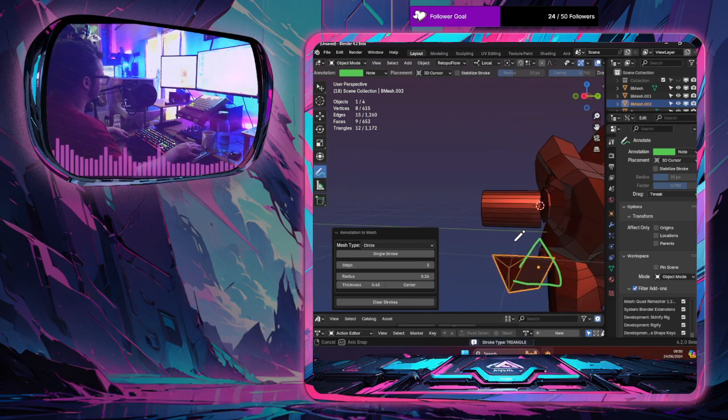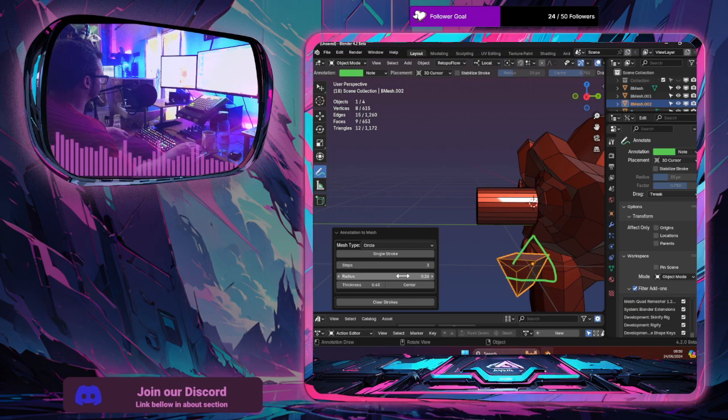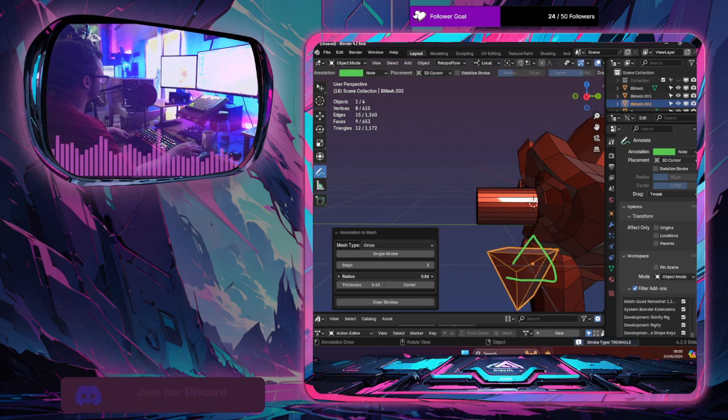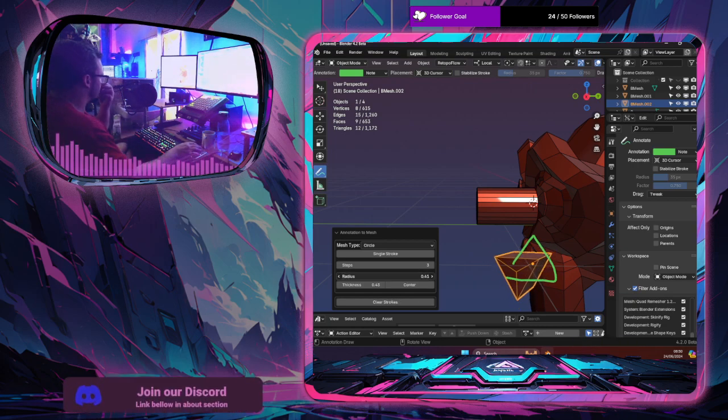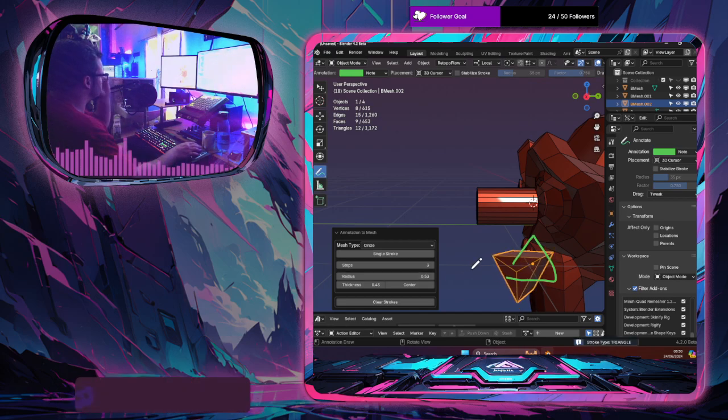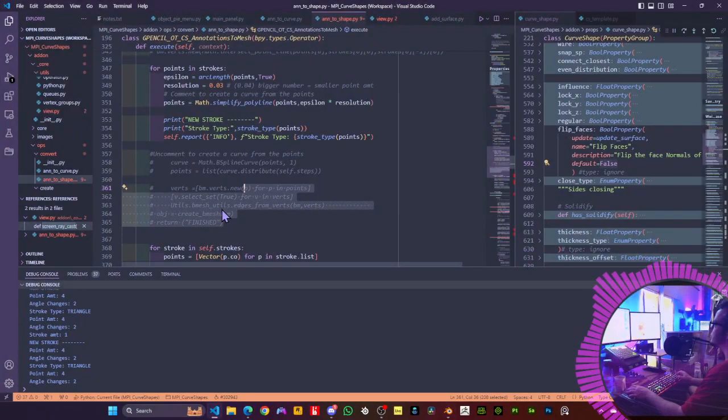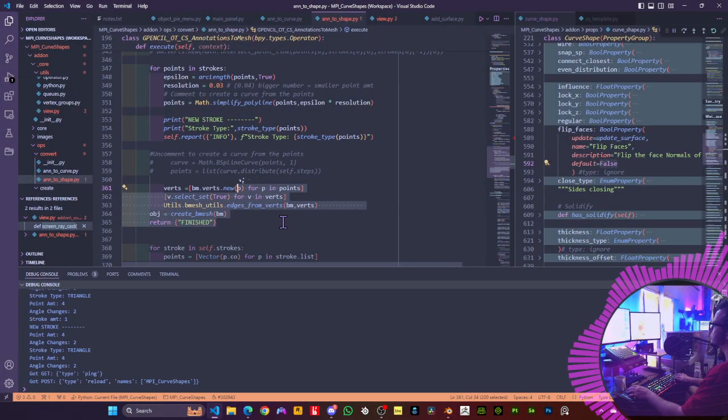And I would need to fix that, obviously. And then you can change a little bit of the radius to accommodate for how big or how small you really wanted to draw your shape.